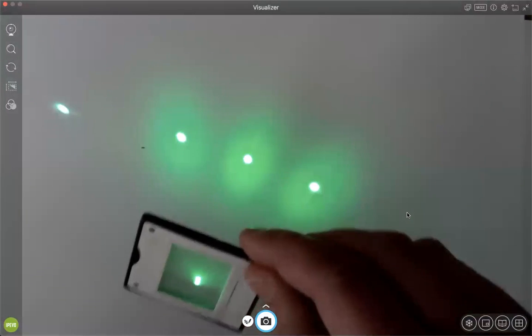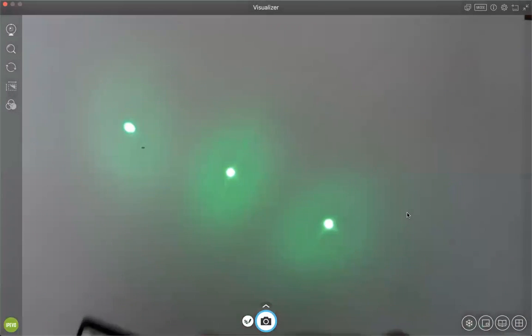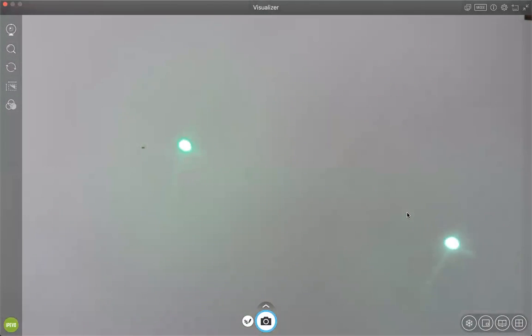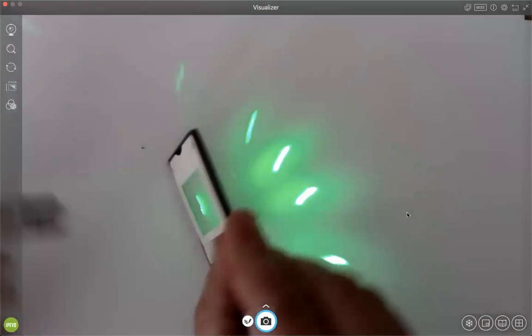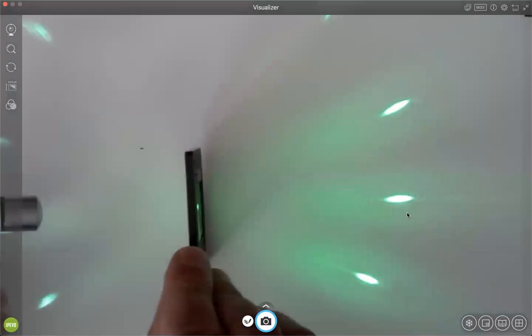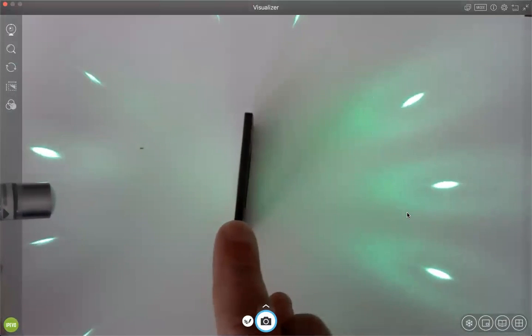It's taking this laser. It's making something interesting. So as I take this laser, it does some pretty cool stuff here.